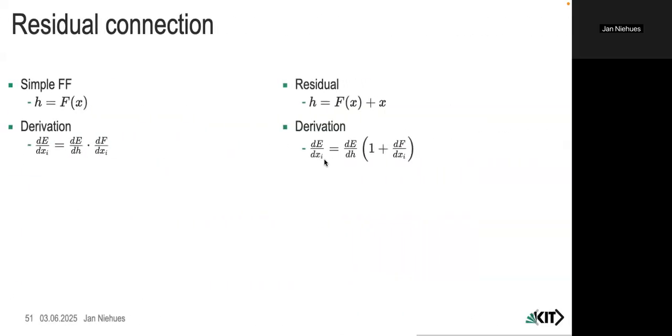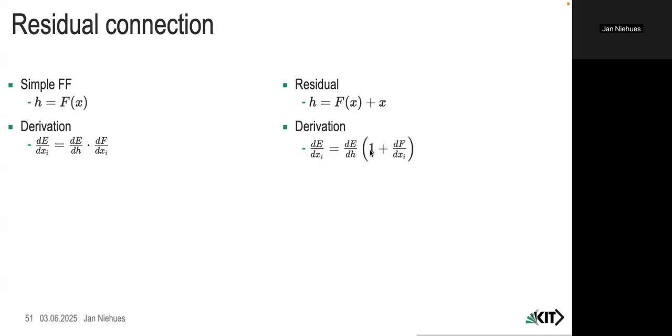From the derivation, you also see that. So normally your derivation with respect to the input is the derivation of the hidden function times the derivation of the f with respect to x1. And now here you see it's 1 plus that. Meaning also, if the derivation here is very small, then since you multiply it, somehow it doesn't matter, you're just staying the same.